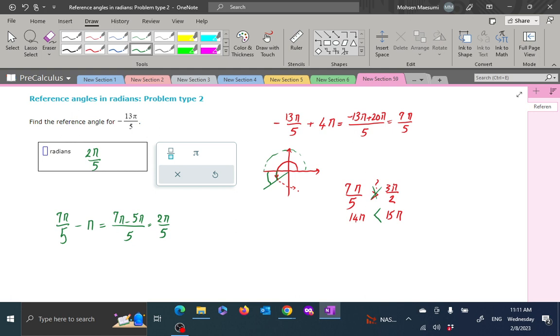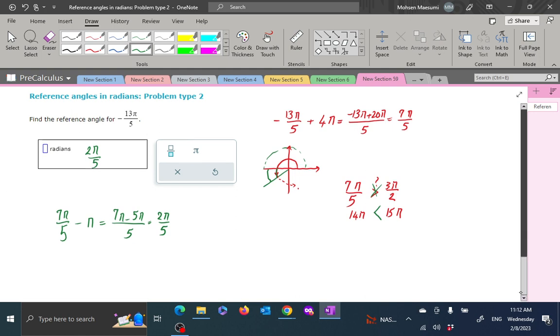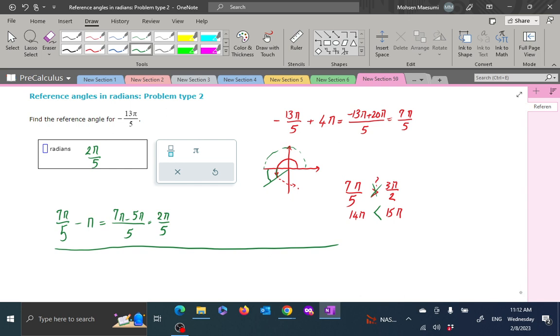Like if you had said 2 pi minus this, you would have gotten 3 pi over 5, and that's more than pi over 2. Okay, so the discussion became a little bit refined here. We're dealing with inequalities with the pi thrown in all over the place.